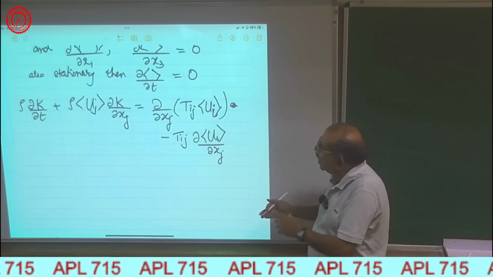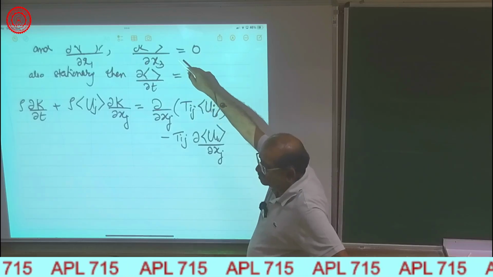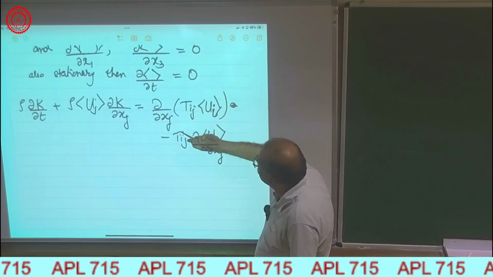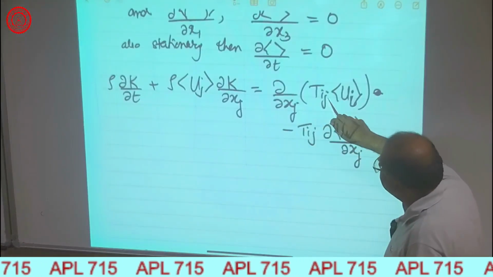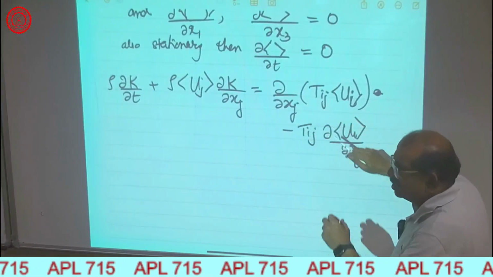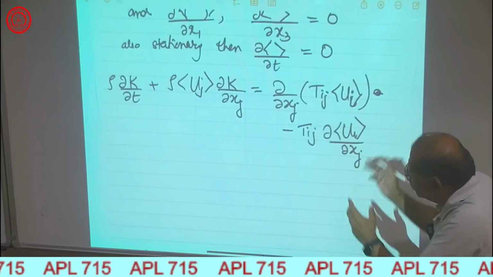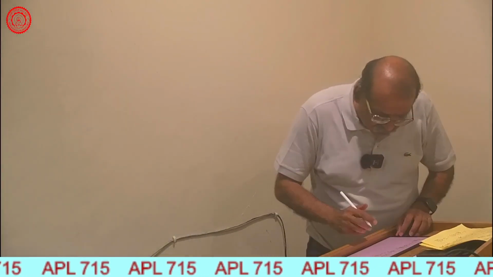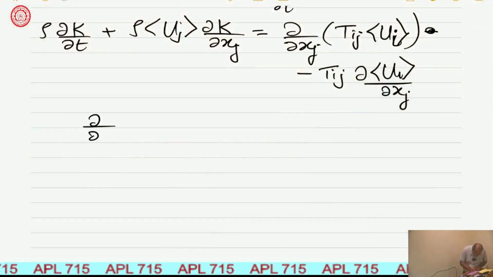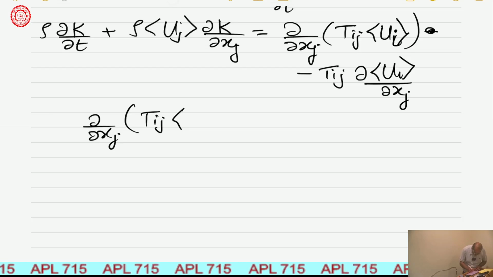Now, if we have to expand it for this case, how will we expand this? We will write first j as 1, let's say, and sum over i, and then sum over j. I'll painstakingly do it for one term, and other terms I will leave to you. Suppose we want to expand d by dxj of Tij mean of ui.